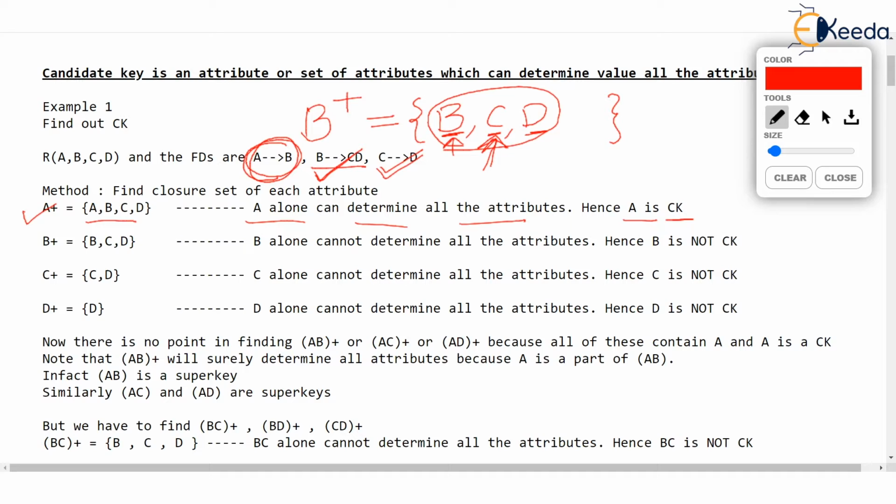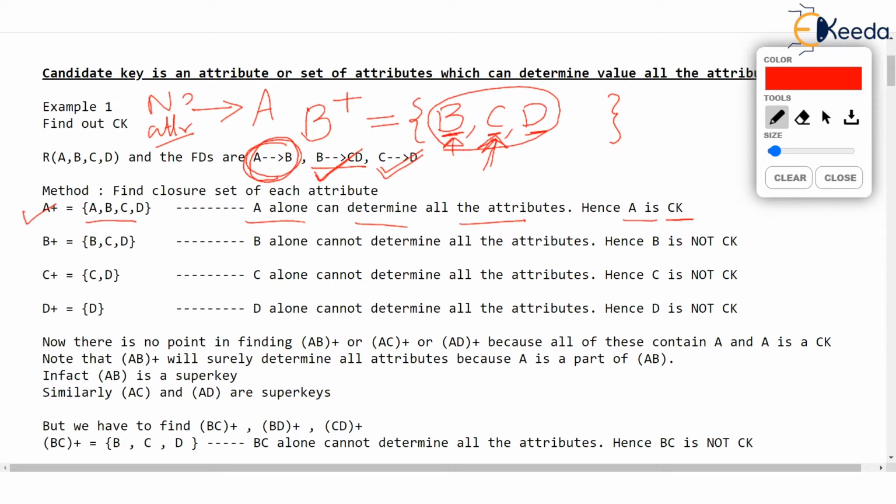That attribute A is never on the right hand side of any dependency. I repeat, A is never on the right hand side of any dependency. That means absolutely no attribute is going to determine A. Keep this in mind.